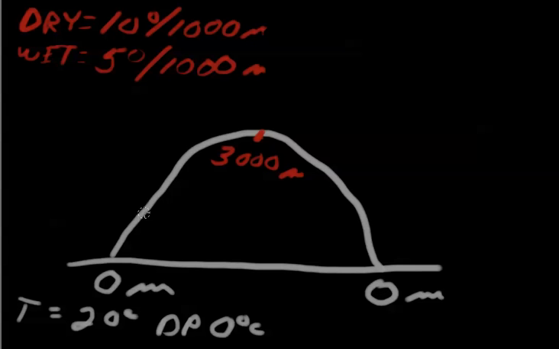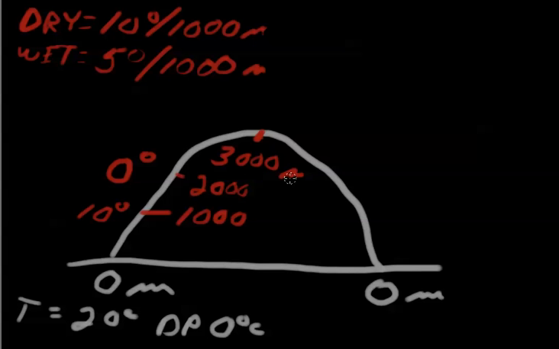We want to know what the temperature is over here. Well, if we go up to the 1,000-meter mark, we're going to drop 10 degrees. So we're at 10 degrees right here. We have not hit the dew point yet, so we've got to go up another 1,000. At the 2,000-meter mark, we drop another 10 degrees and end up at 0, which is the dew point. In fact, at 0 we'll probably have snow here.